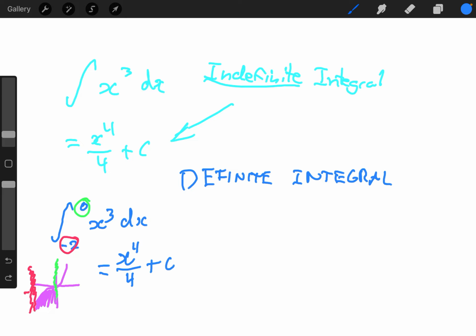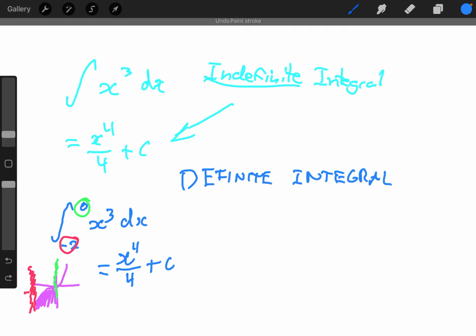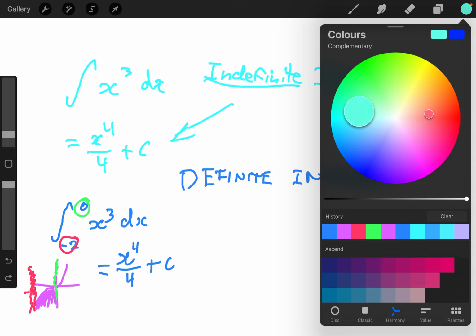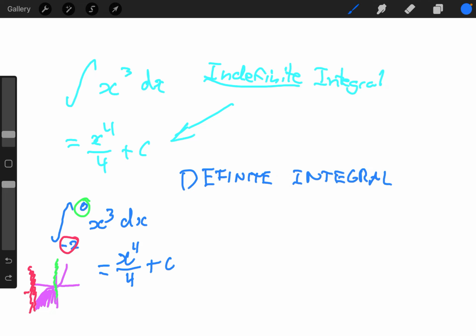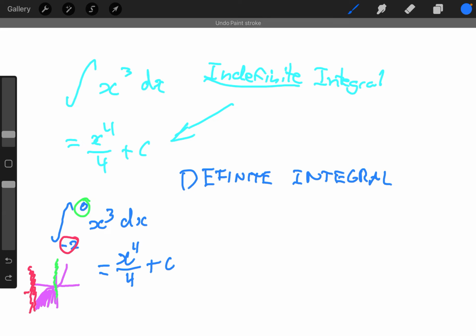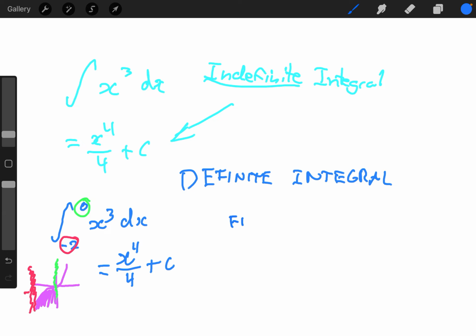So what we want to do is substitute these values in. I'll show you how to substitute. It is the final value, which is on the top always, minus the starting value.